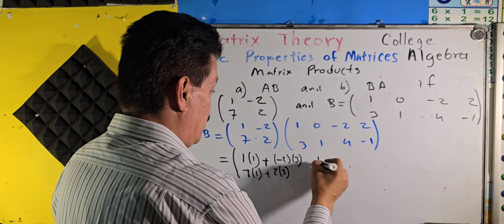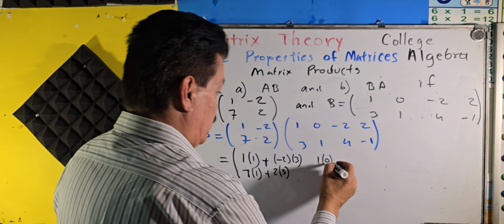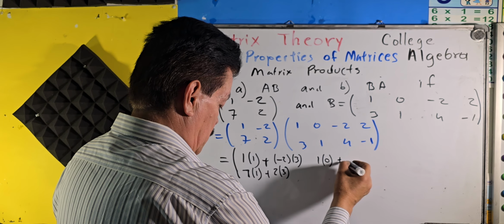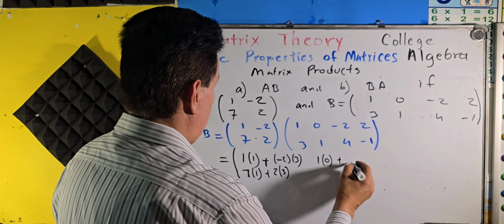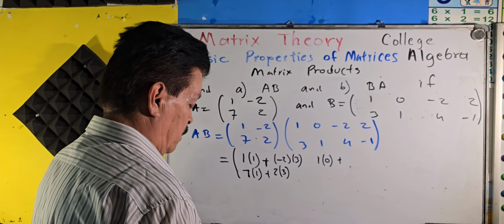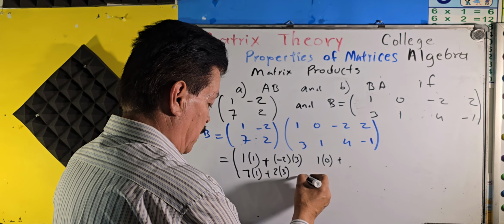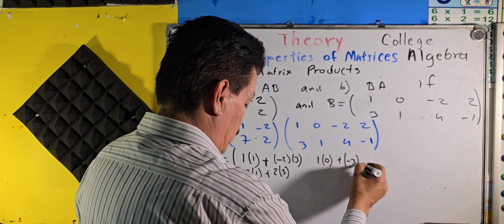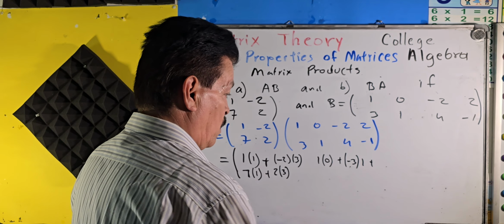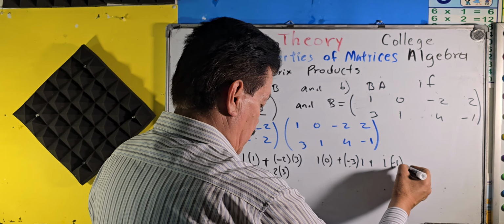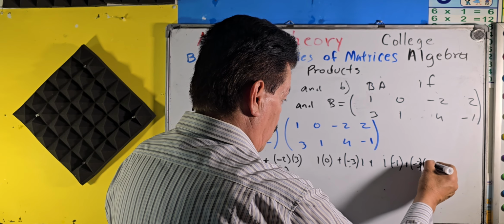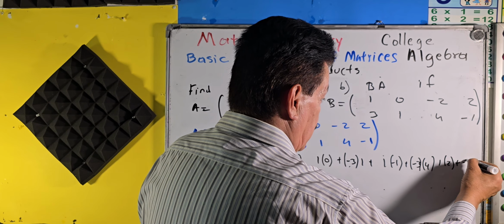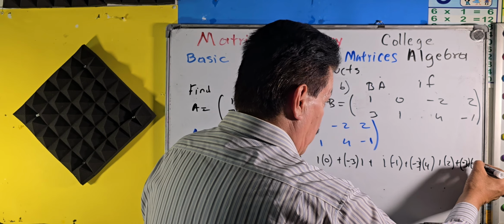Here, now 1 times 0, plus negative 3 times 1, plus 1 times negative 1 plus negative 3 times 4, and then 1 times 2 plus negative 3 times negative 1.